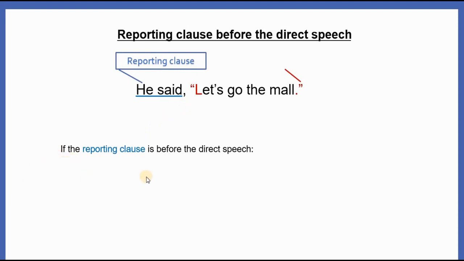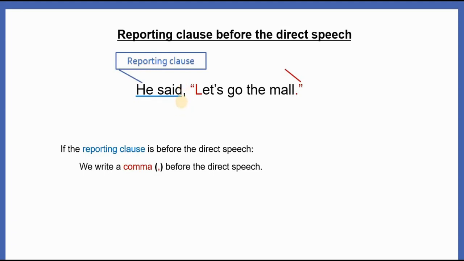if the reporting clause is before the direct speech, then the first rule, we write a comma before the direct speech. This is the comma.